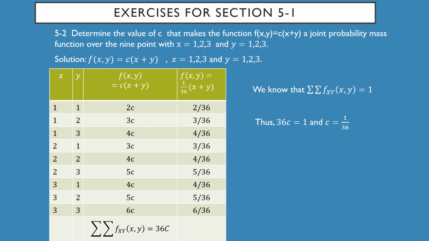So let us collect all the values. When we collect all the values, we'll get 36c. Now the question says to determine the value of c. We know that for a joint probability mass function, the sum of function values equals 1. So let us substitute. We just calculated the sum of f, which is 36c.